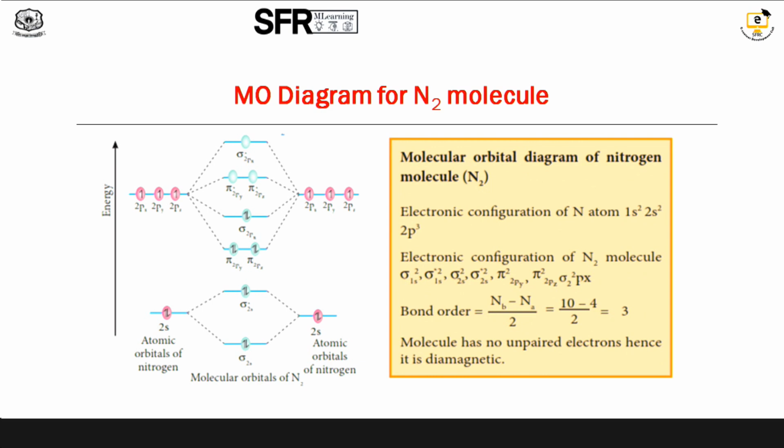So 2 unpaired electrons are present in the anti-bonding molecular orbitals, the bond order for the oxygen molecule is 2, and it is paramagnetic in character. Nitrogen is diamagnetic, whereas oxygen is paramagnetic.